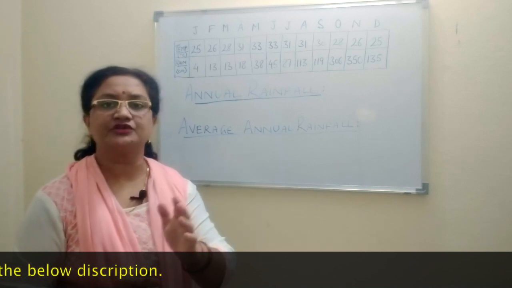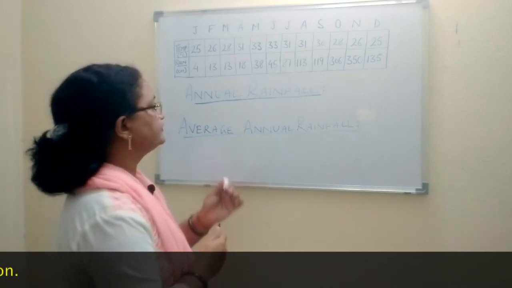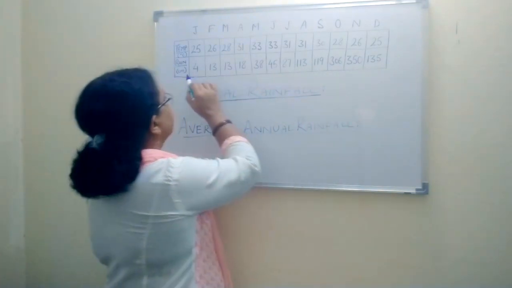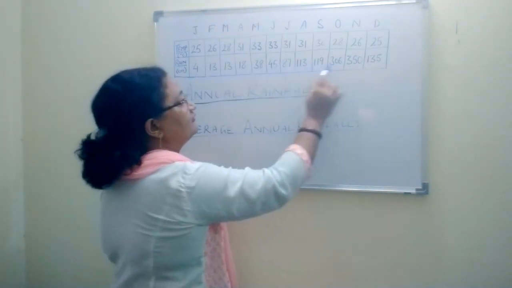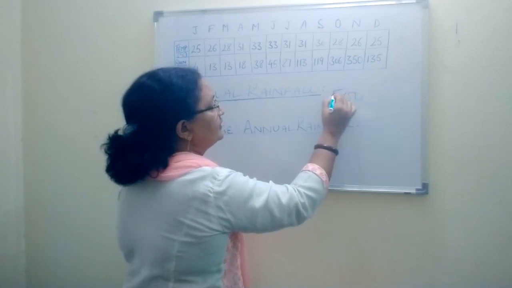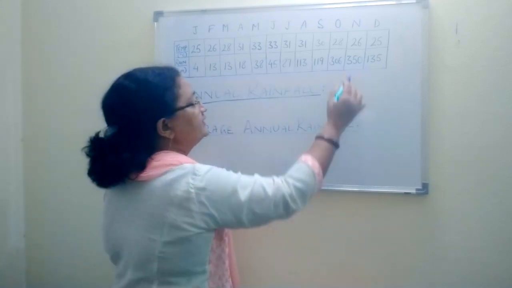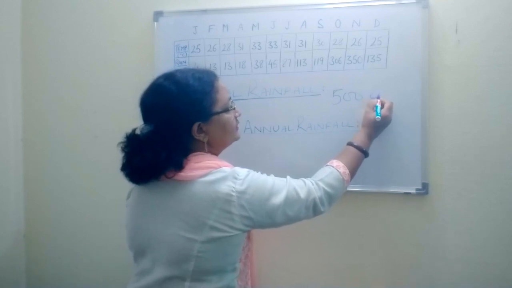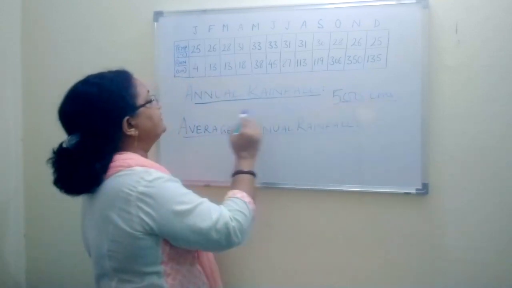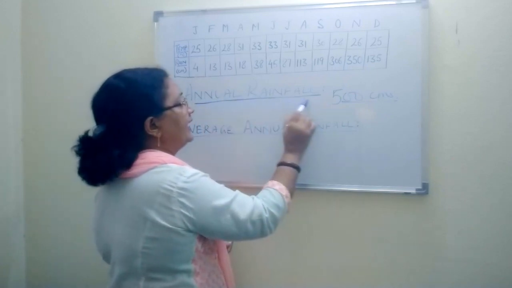Okay. Suppose, for an example, I'm just giving this as an example. Suppose the total of all these 12 values comes to 500, and it will be in centimeters. So this 500 centimeters will be the total annual rainfall.